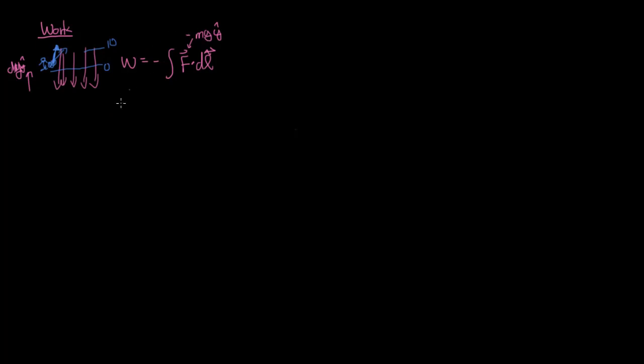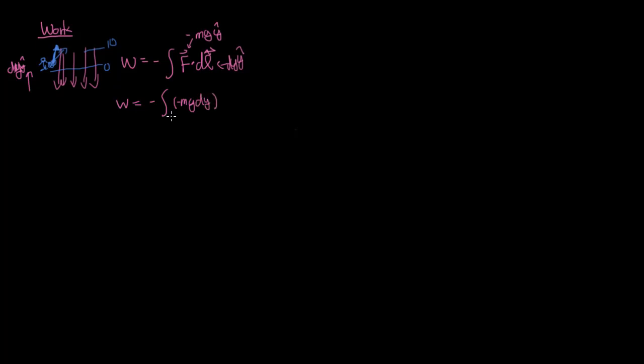So then we plug these in. Work is going to be equal to minus integral of negative mg y hat, and dl we said is dy y hat. So y hat dot y hat is equal to 1, and then you have your dy here.